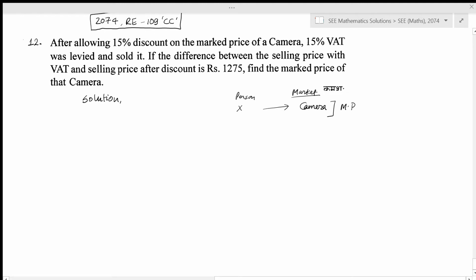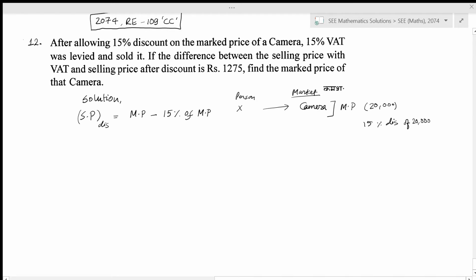So the selling price after discount is equal to marked price minus 15% of marked price. This is called the discount amount, right? Because he gave a 15% discount on the marked price, if the marked price was 20,000, the discount is 15% of 20,000.